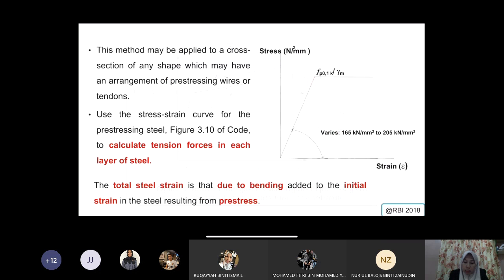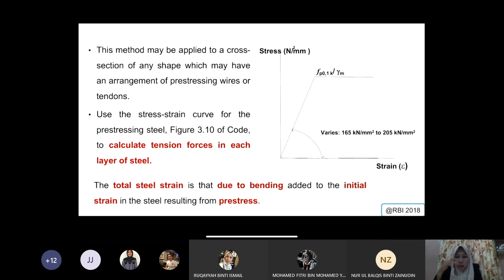Okay, so this method may be applied to a cross section of any shape which may have an arrangement of pre-stressing wires or tendons. So use the stress strain curve for the pre-stressing steel, Figure 3.10 of the code, to calculate the tension force in each layer of steel.